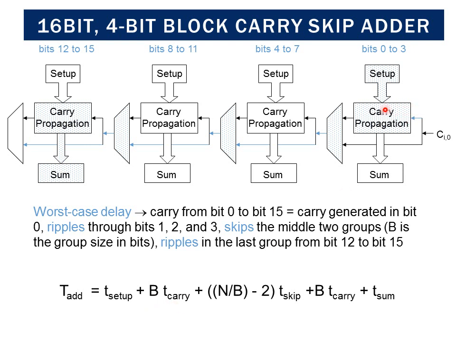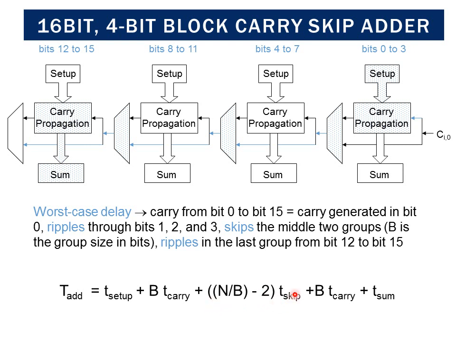What is B? B is the number of bits. Since the carry is propagating through all bits, that is B times the time required for carry to propagate through each bit, plus N divided by B minus 2 times T skip.